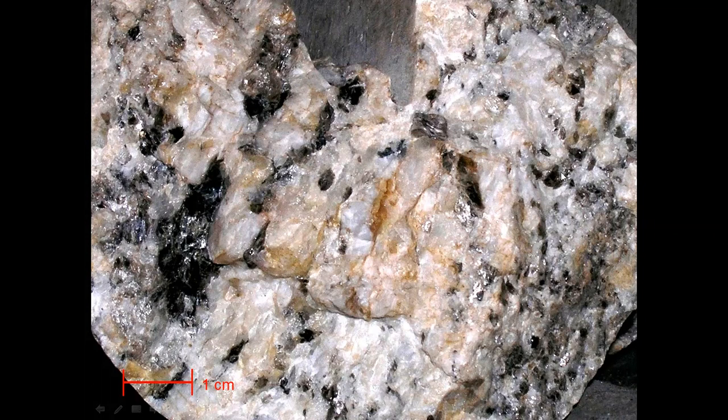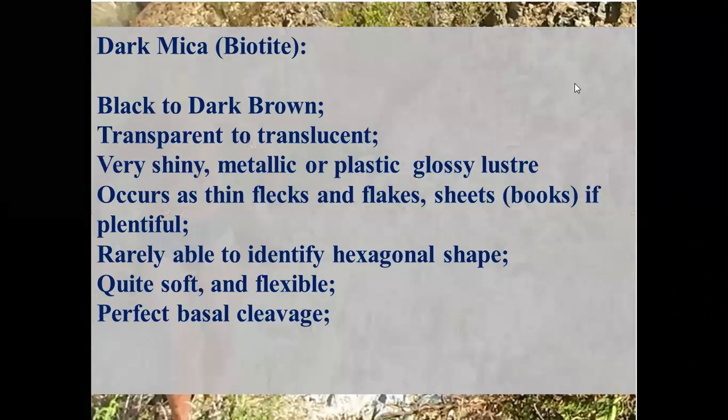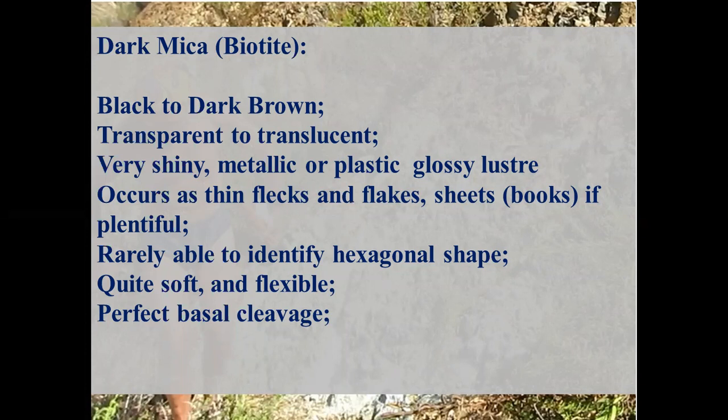But there's more of the black around there. So this is all this black mica. And dark mica, black mica. Biotite is the general one, but again, we tend to be quite lax in our use of the term biotite.